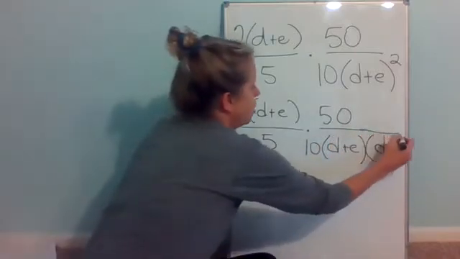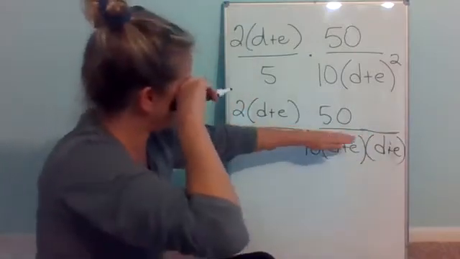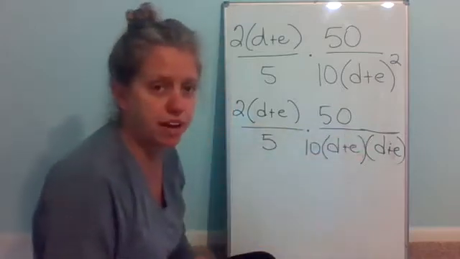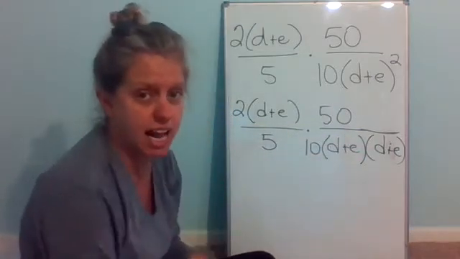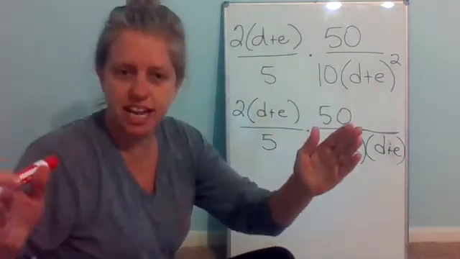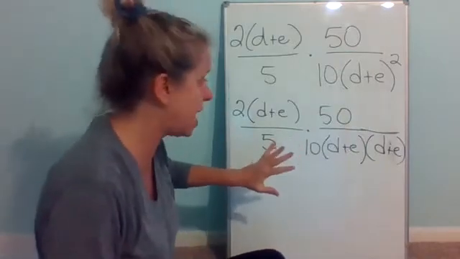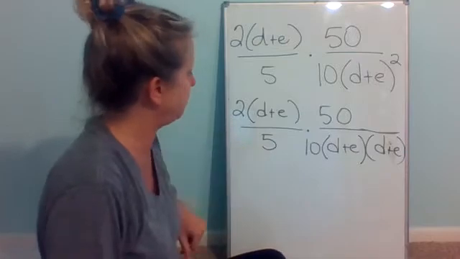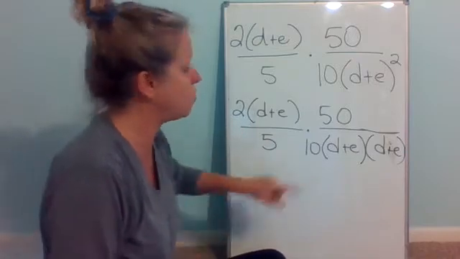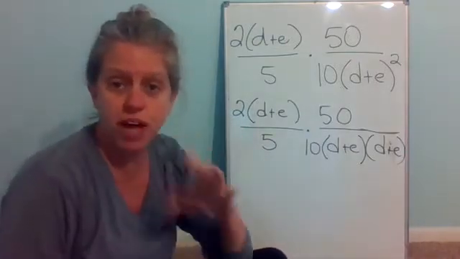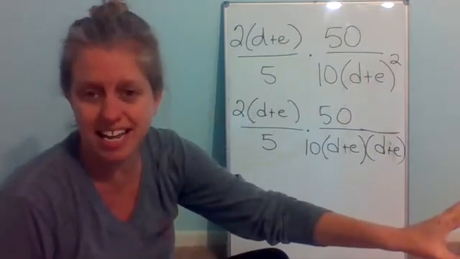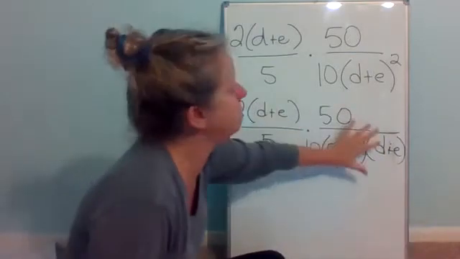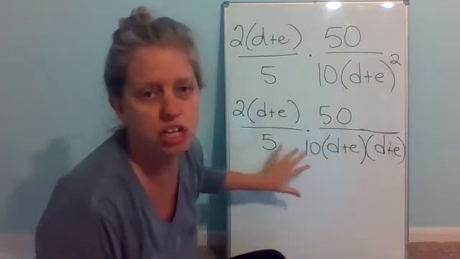So now, what you're thinking of is, think about this whole thing as one big fraction. I can do any canceling of parentheses. You can do some reducing, like with that 50 over 10, or that 50 over 5, or 2 over 10. But I'm not going to do that part until the very end, so I don't get all messy and lose stuff.